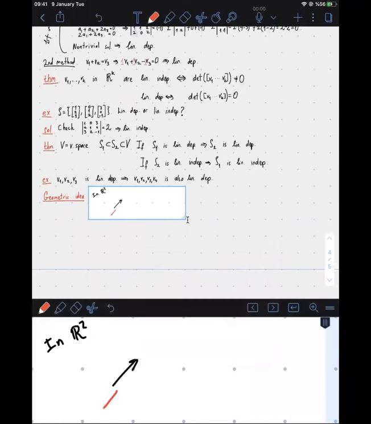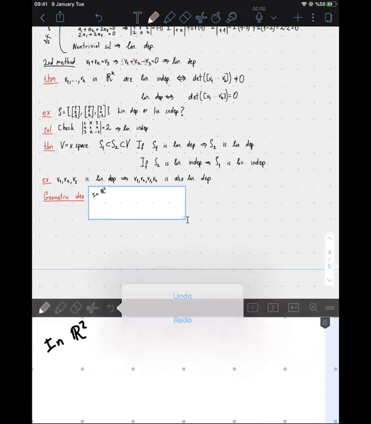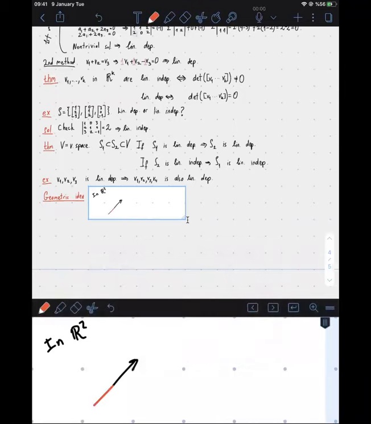So one is like this, the other is like this. So the vectors are on the same line, okay? Then maybe I should draw it like this. So if they lie on the same line, then these 2 vectors are linearly dependent.